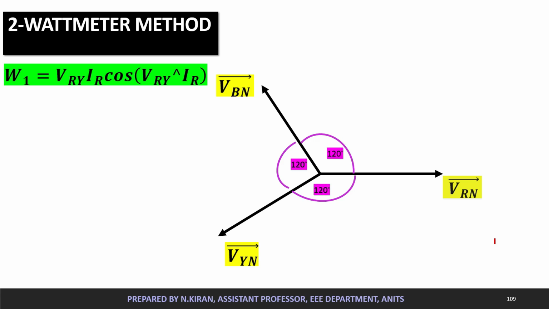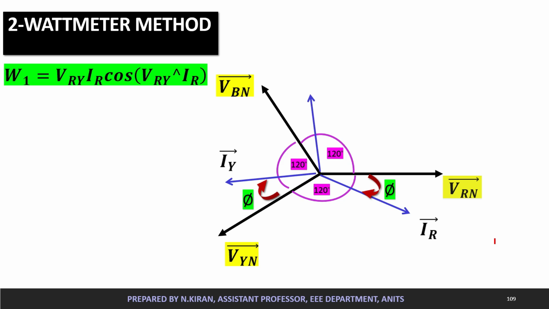So the first wattmeter reading is VRY into IR into cos of the angle between VRY and IR. Since this is assumed to be an inductive load, every phase current will lag the respective phase voltage by an angle phi. So therefore IR, IY as well as IB will lag the respective phase voltage by an angle phi.